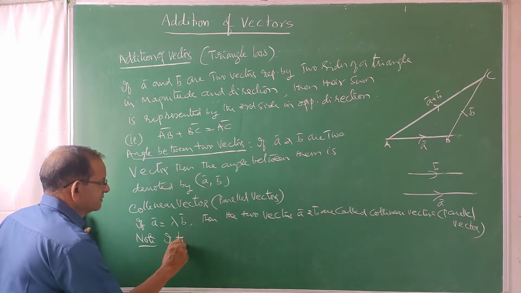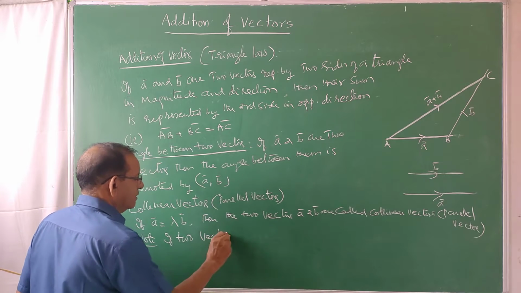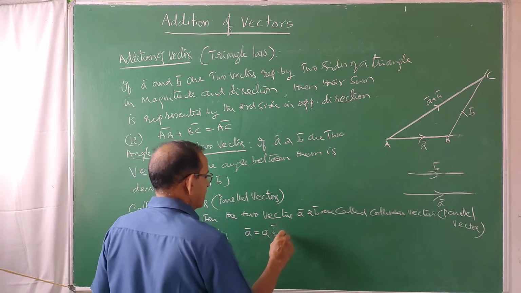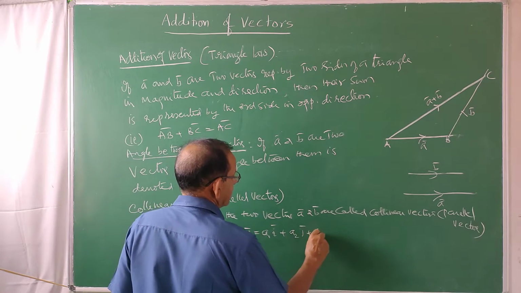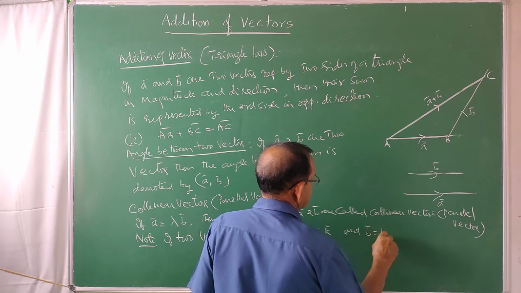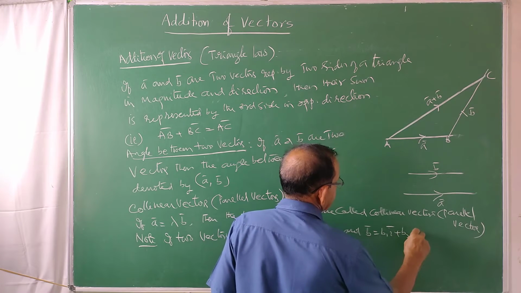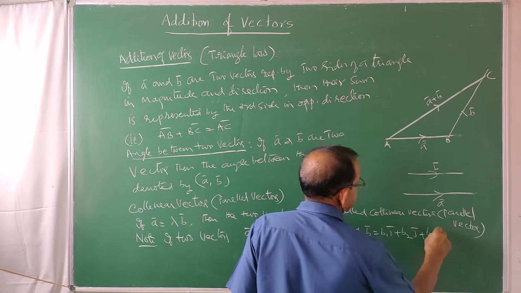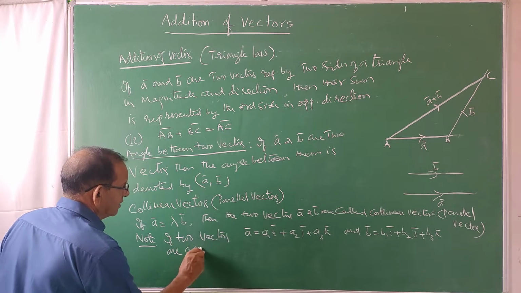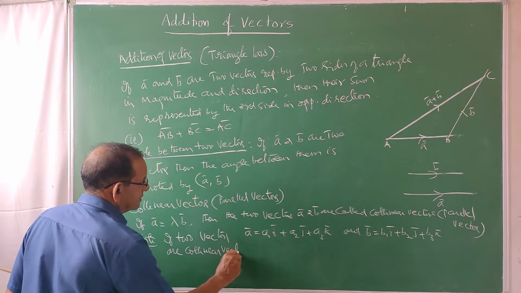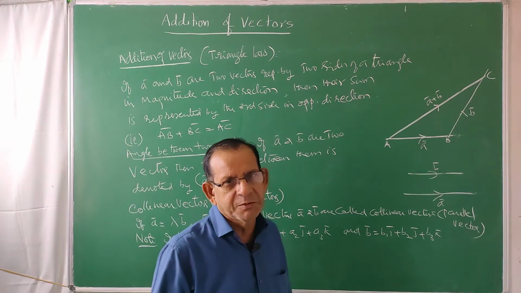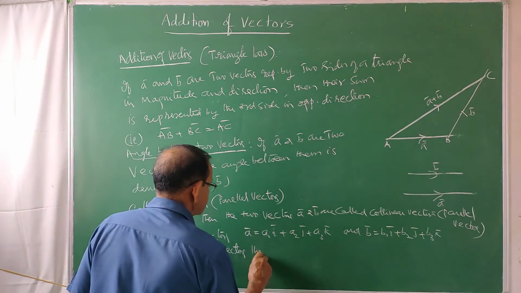Now note, if two vectors A bar is equal to A1 I bar plus A2 J bar plus A3 K bar, and B bar is equal to B1 I bar plus B2 J bar plus B3 K bar, are parallel or collinear vectors, then the coefficients of those two vectors must be proportional.